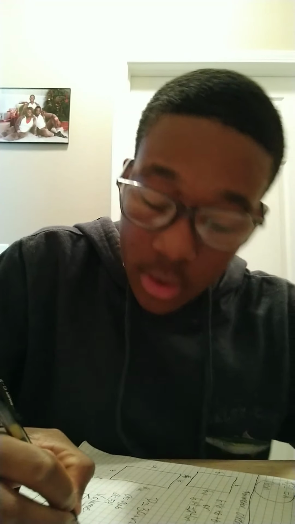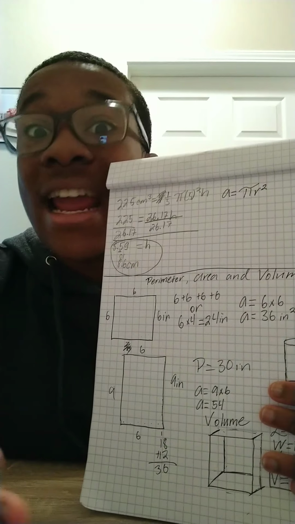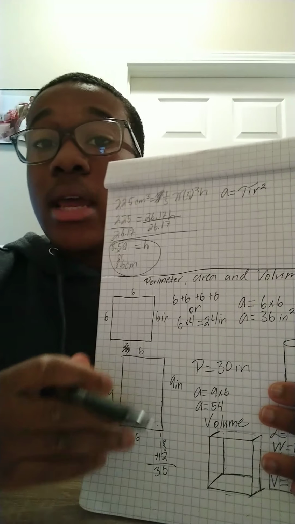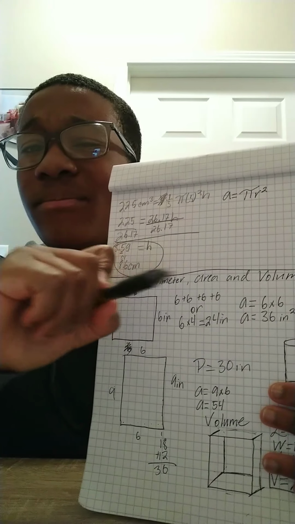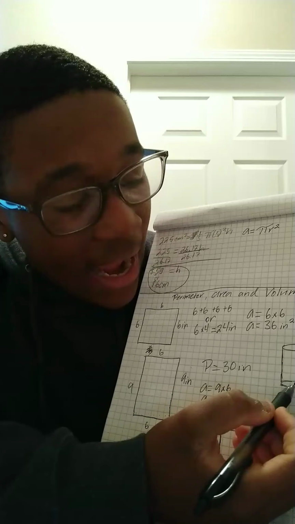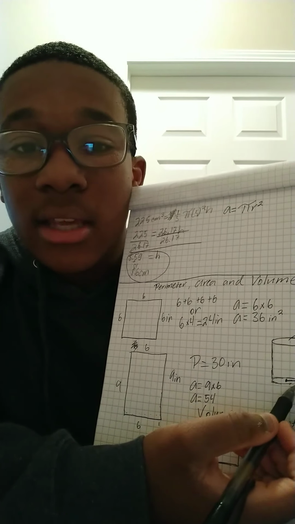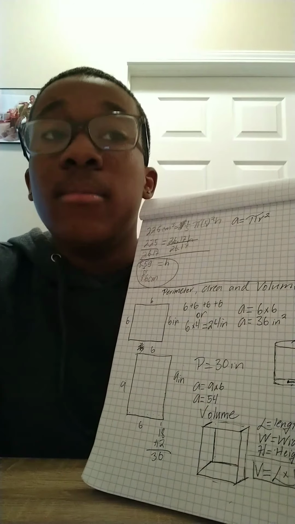And also, for those who don't know, the radius is half of the diameter of a circle. And the diameter is the total length of the circle, if that makes sense. So half of it would be like this, but if you see a full line, then it would be the diameter.